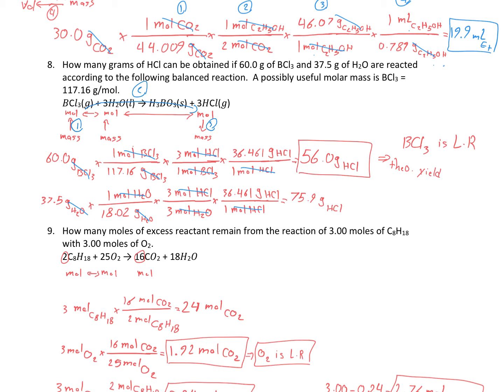I mentioned this in the lecture slides, or maybe in the worksheet, I don't remember. But to find the limiting reagent, you don't need to go to the mass of the product. Even the mole of the product should tell you which one is the limiting reagent. But since the question is asking about the gram of HCl, I would do that for both of them. So when I find the limiting reagent, I already find the final answer.